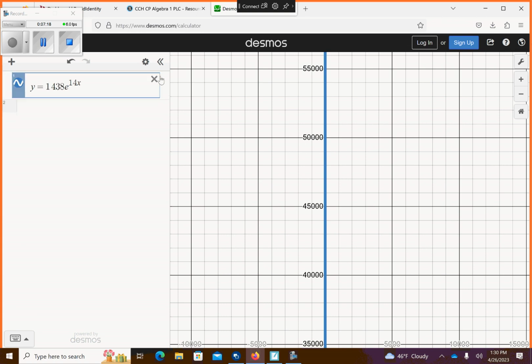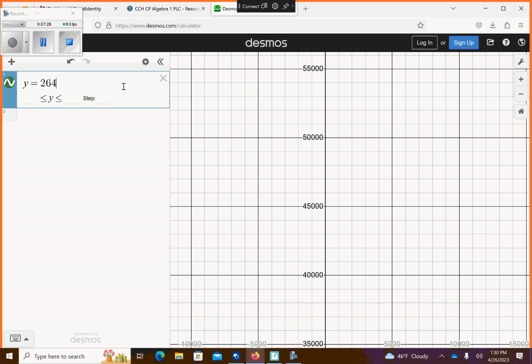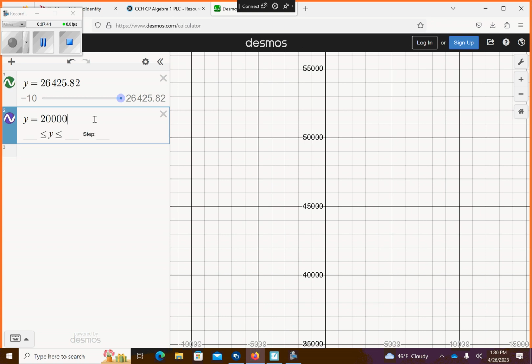So y equals 2,425.82. And then my other one is going to be y equals 20,000 times 1 plus, we have r.